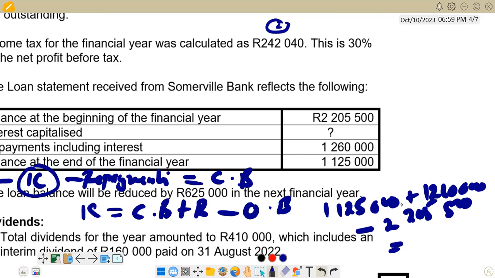Let's try to calculate that one. If you do that correctly, you are supposed to get 179,500. So you can just summarize that working in the answer book.